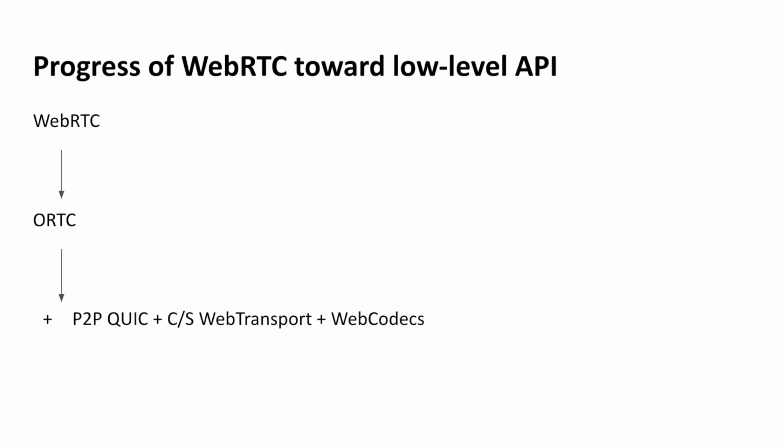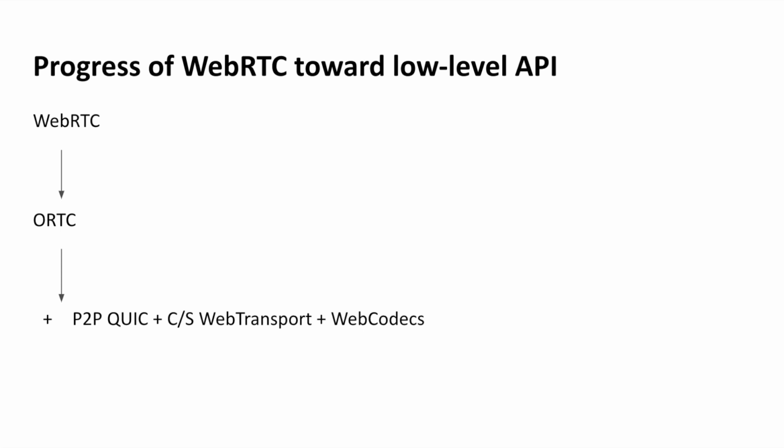So over time, we've tried to expand what WebRTC is capable of doing by providing the application developer with more control or more flexibility. And the progression has been toward lower and lower level APIs.